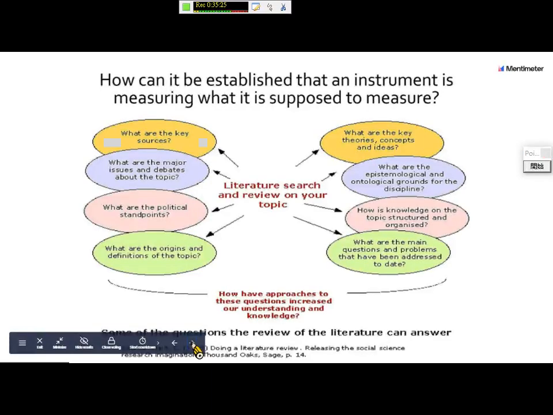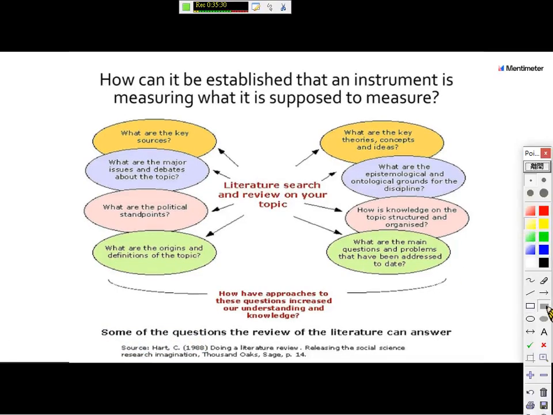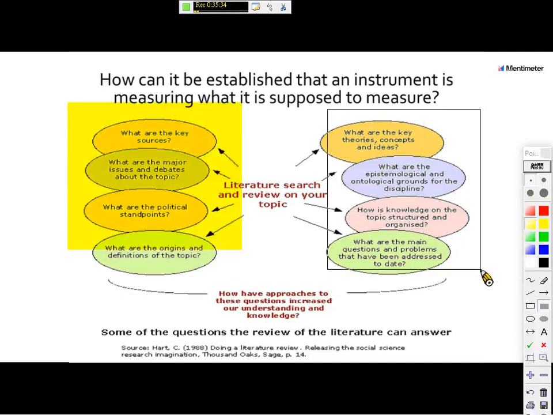So, basically, literature review, this is a very simple chart I just want to show you, but it's not necessary for you to remember all the context. Basically, one very important issue, that is, everything you do not know, go to literature. That's it. Whenever you have no idea, go to literature.